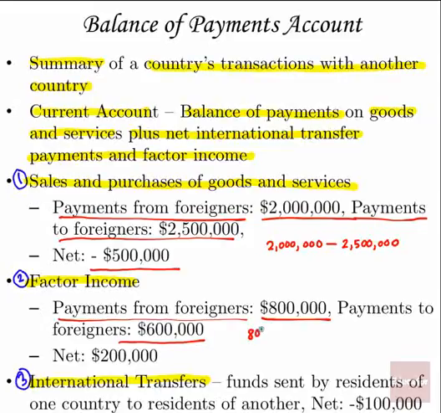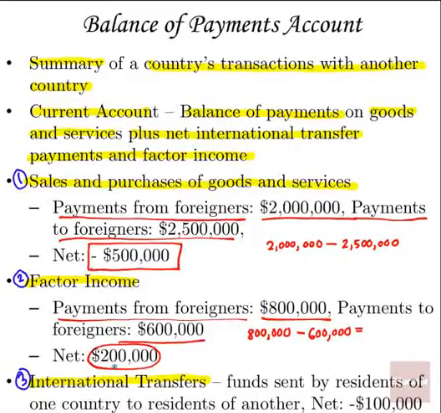So $800,000, and then you subtract $600,000. Again, I'm just using a hypothetical example here, and then you have a net total here of $200,000. Okay, so $500,000 is going out, so you have a deficit in the current account, but then you add $200,000 in, and it lowers the deficit that you have.